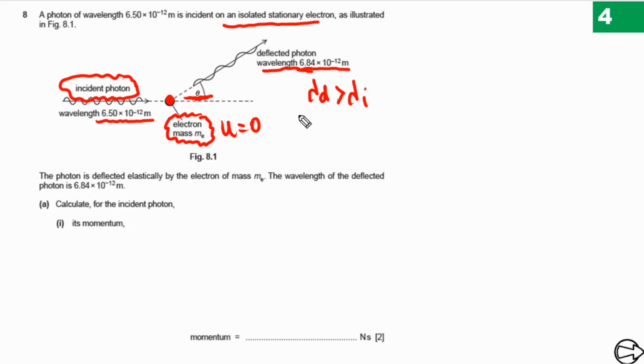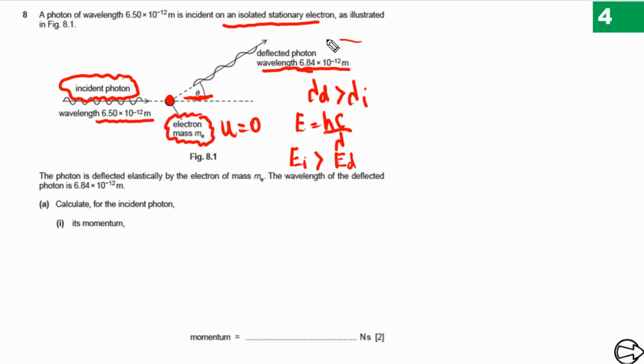We also understand that the energy of a photon is simply equal to hc over lambda. So from here we can conclude that the energy of the incident photon is greater than the energy of the deflected photon. It simply means that the incident photon has lost some energy, and that energy has been transferred to this electron.